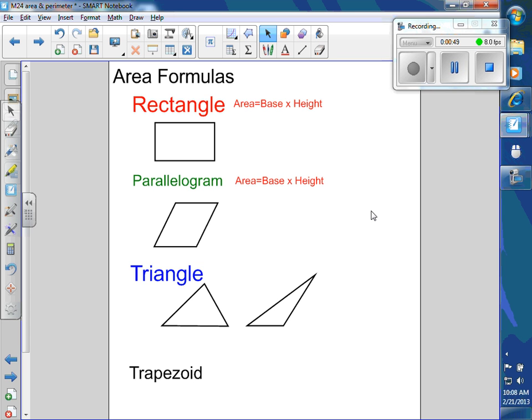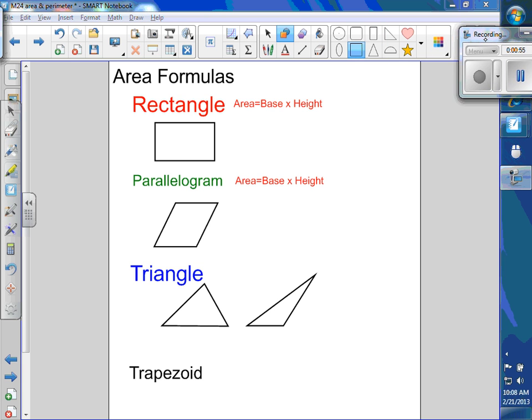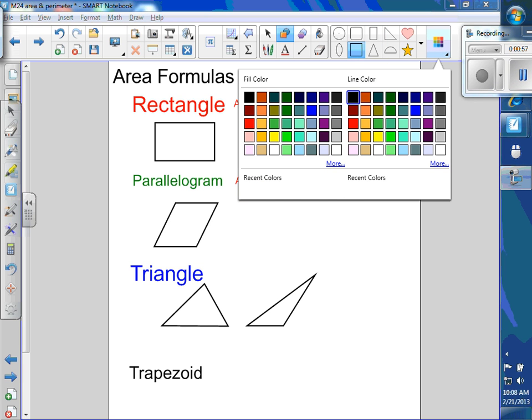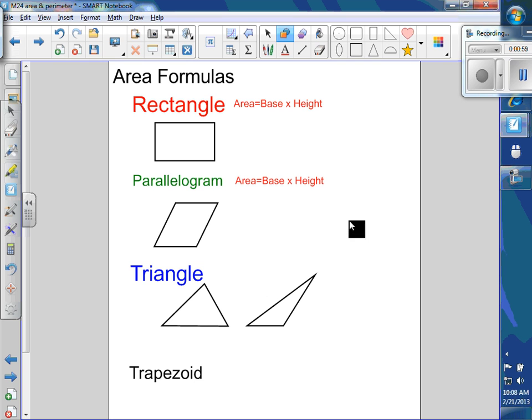The thing is, height is what can be sometimes confusing for people. So the height, you always have to look for the square angle. So in a rectangle, it's really easy to find the square angle. Once you find the square angle, that tells you where the base and the height are.